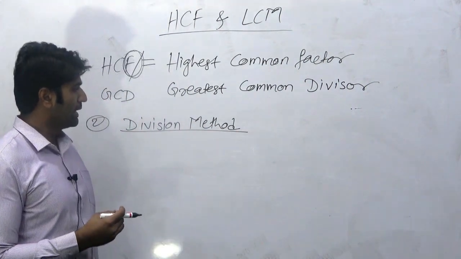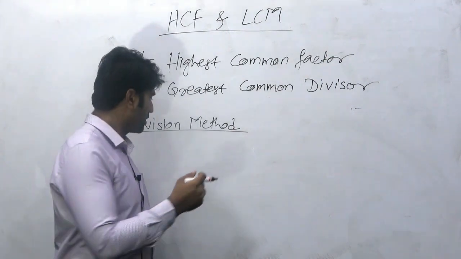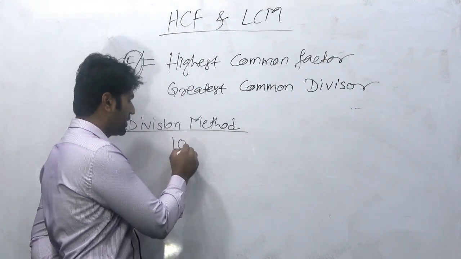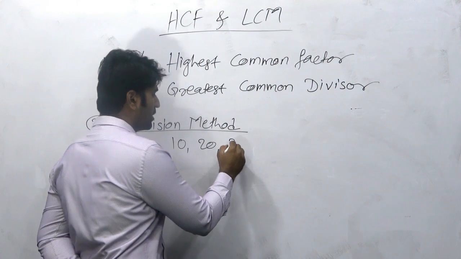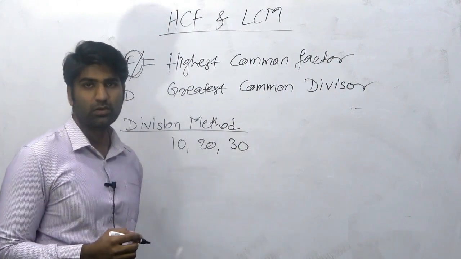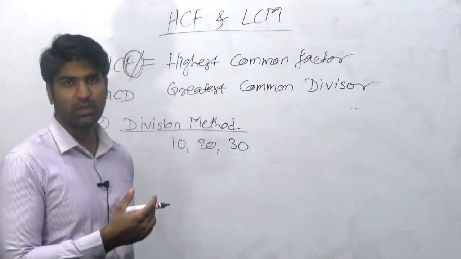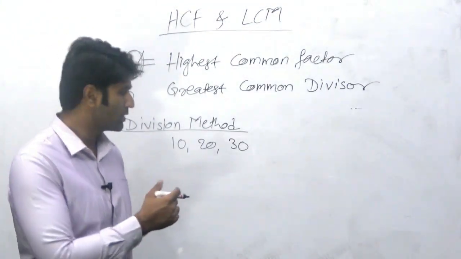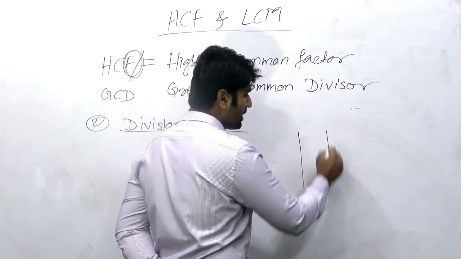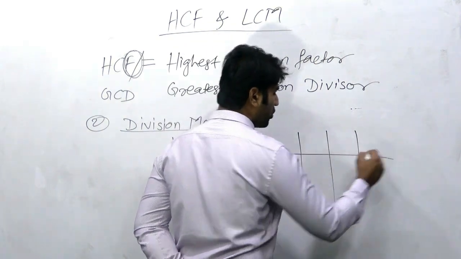Let's take another example: 10, 20 and 30. If we have to find the HCF or GCD of these numbers, we have to divide these three numbers by a common number.